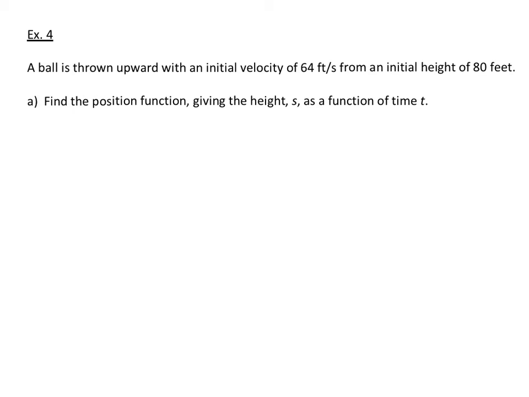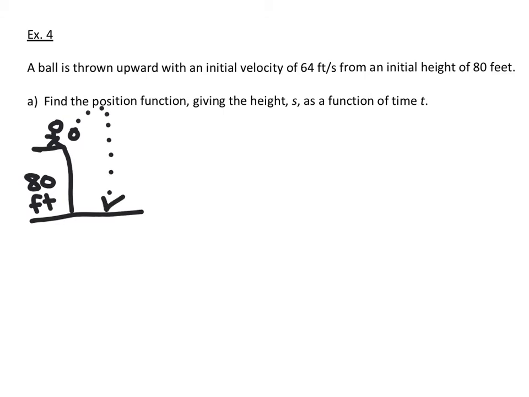It says a ball is thrown upward with an initial velocity of 64 feet per second from an initial height of 80 feet. So we have this building that is 80 feet tall, and the guy at the top of the building is throwing a ball upward. So it goes up and then it comes back down. And they tell me that the initial velocity is going to be 64 feet per second.